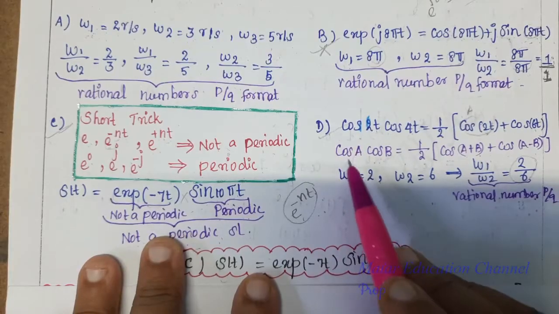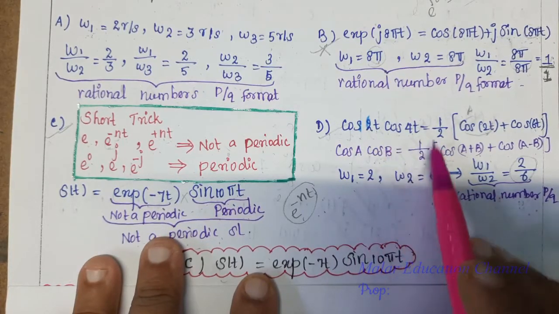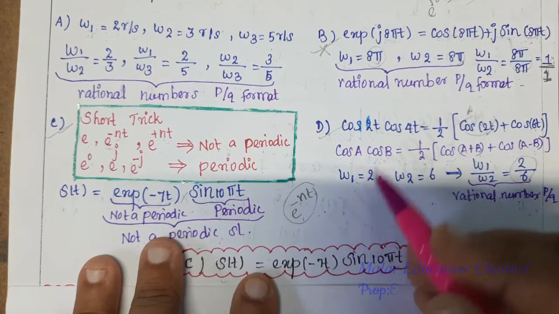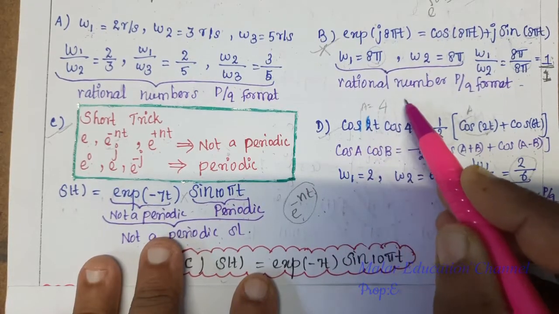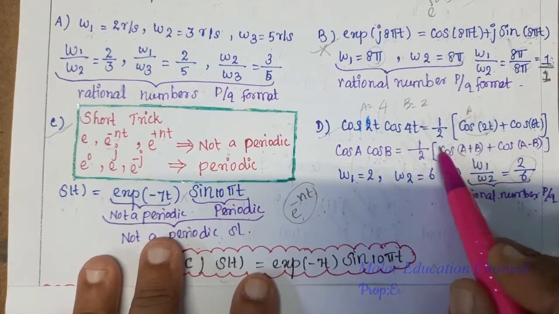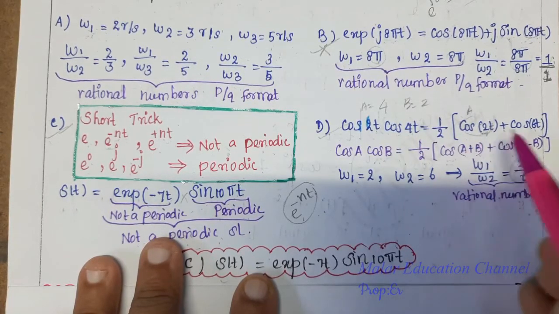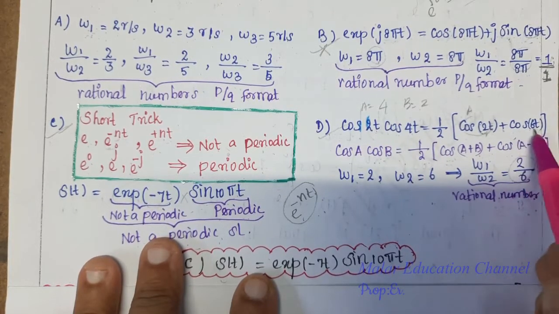Anyway, we have to check the final option. Cos 2t cos 4t, we can use the formula cos a cos b equal to 1 by 2 of cos a plus b plus cos a minus b. Here a is 4 and b is 2. So cos a minus b is cos 2t, and cos a plus b is cos 6t.